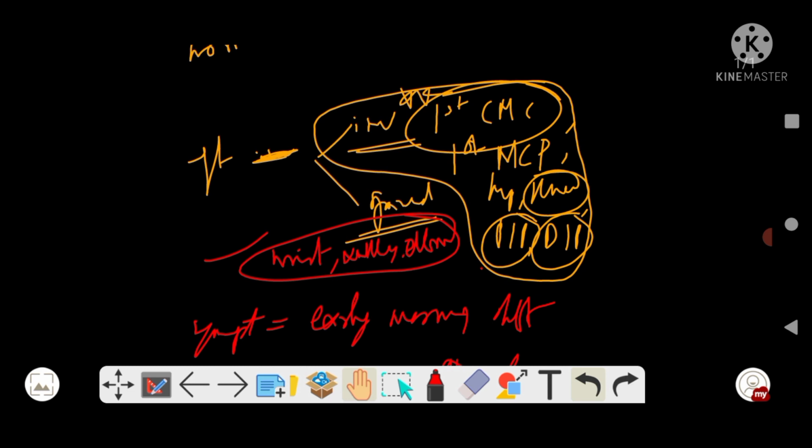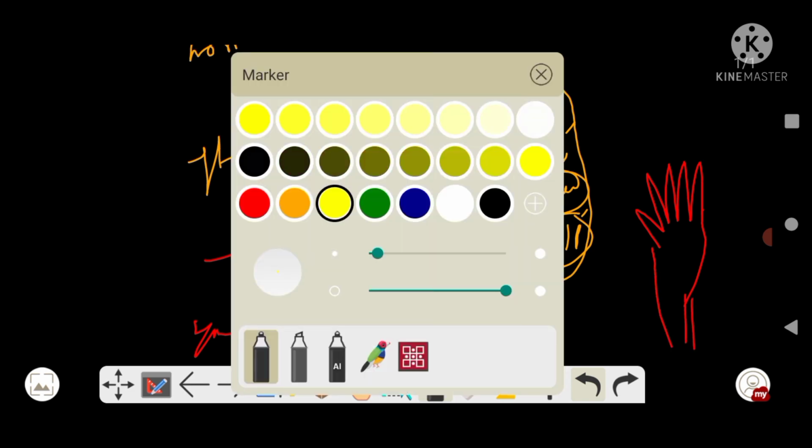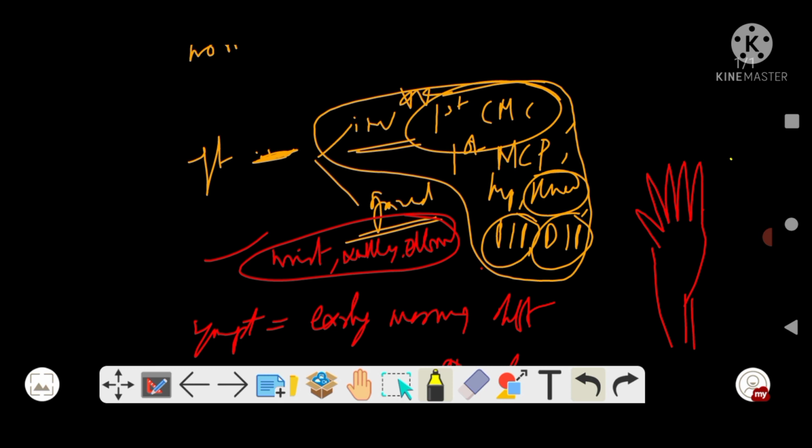Okay, here I would like to mention a few important points. Say this is our hand. Okay, my diagrams are not that good. Anyway, if we talk about PIP and DIP, do remember that here it will be your PIP, correct? This is the proximal interphalangeal joint that I marked with yellow.